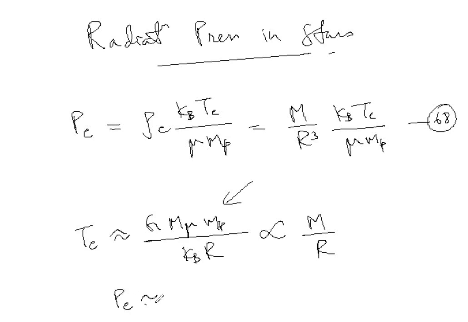Well, gas pressure is approximately equal to G m square by r to the power 4, right? Now the central radiation pressure becomes PR equal to 1 by 3 A Tc to the power 4, which is proportional to m to the power 4 by r to the power 4.